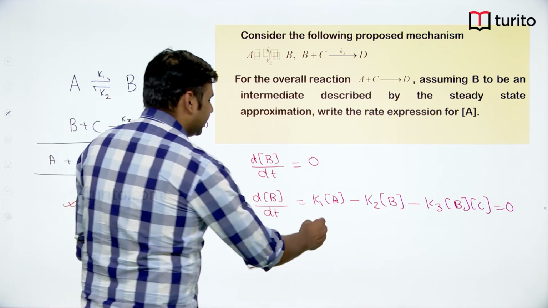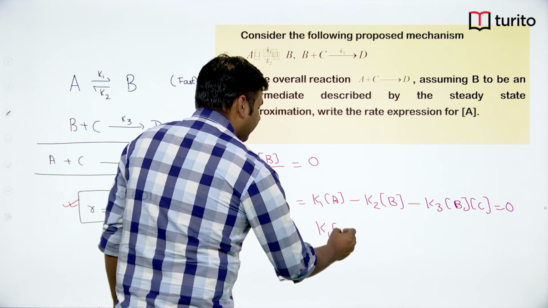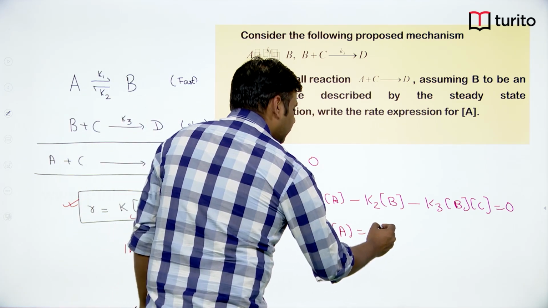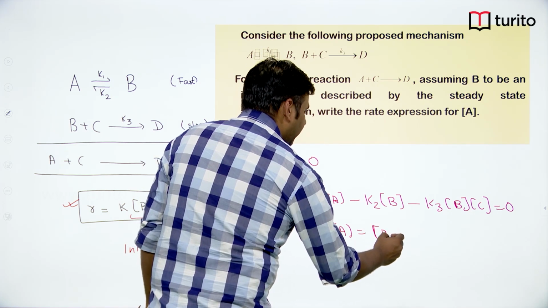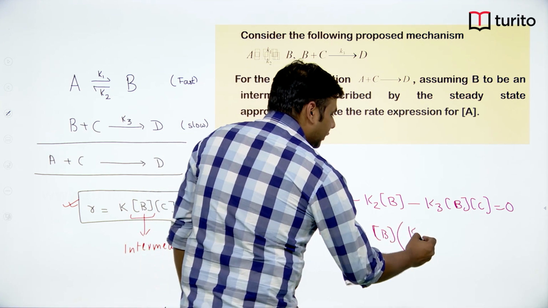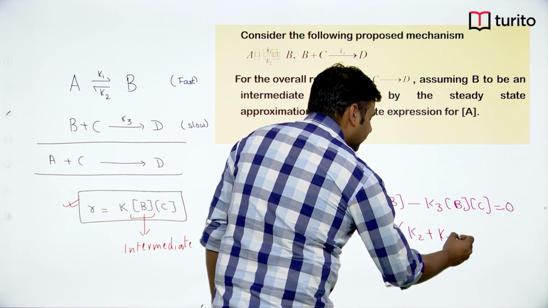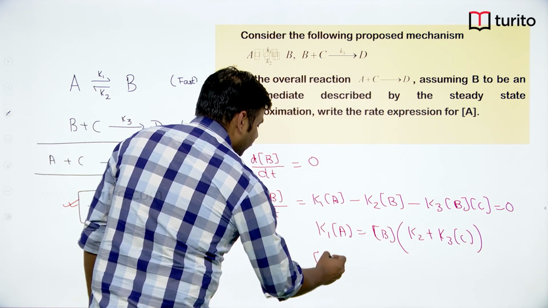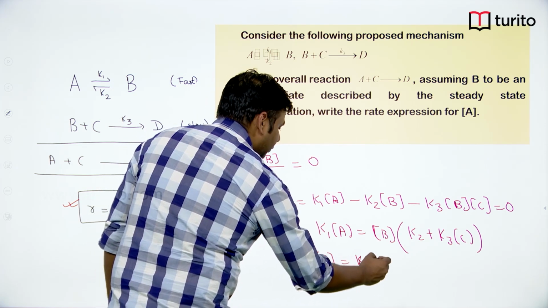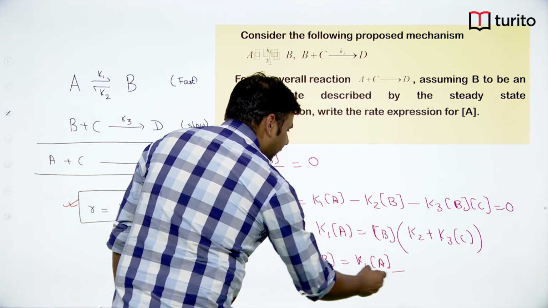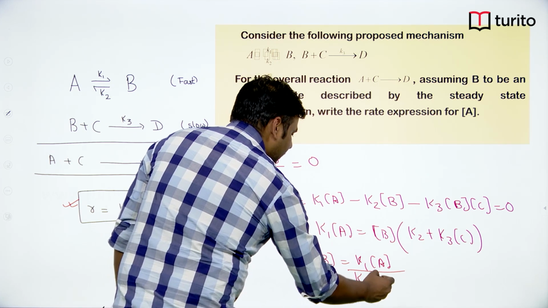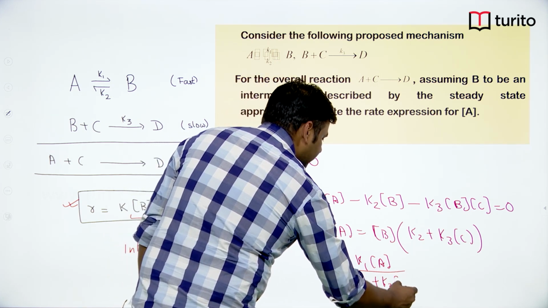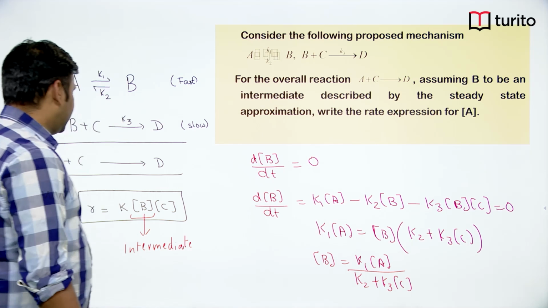Okay, so I can write this as K1 A equals, just take B common, so K2 plus K3 into concentration of C, times B. So I can write the concentration of B as K1 into A divided by K2 plus K3 into concentration of C. Okay, so I hope this is clear to everyone.